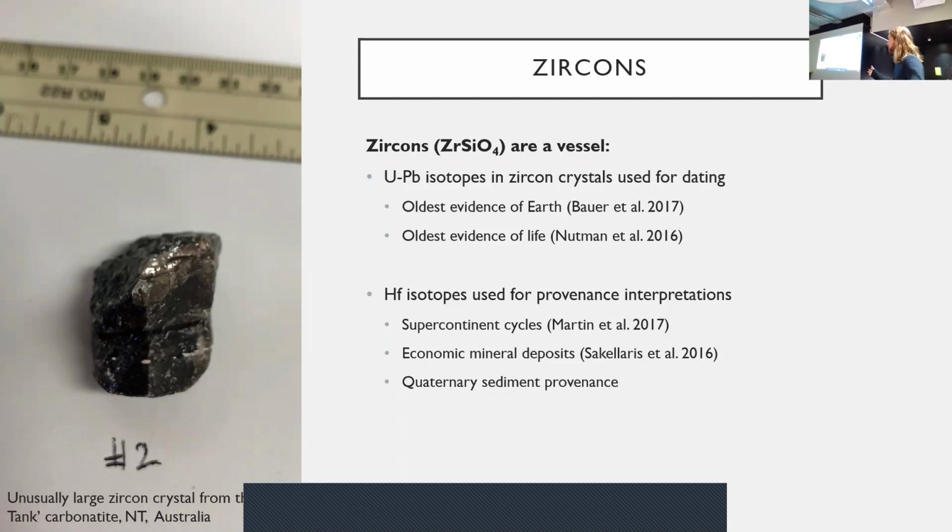But both of those can be used together as well for quaternary sediments. So if you find zircons in maybe a glacial, outwash, or fluvial deposits, you can trace back that sediment origin using the zircon chemistry. So super useful.